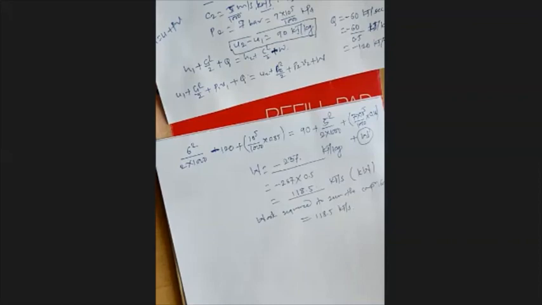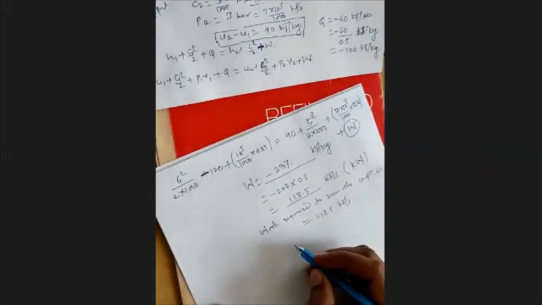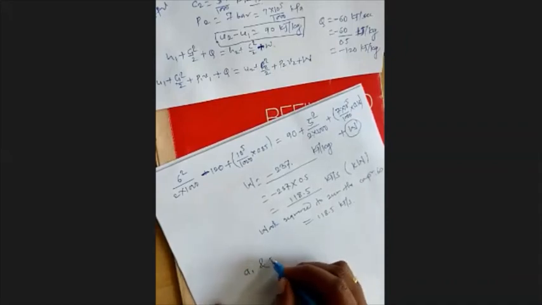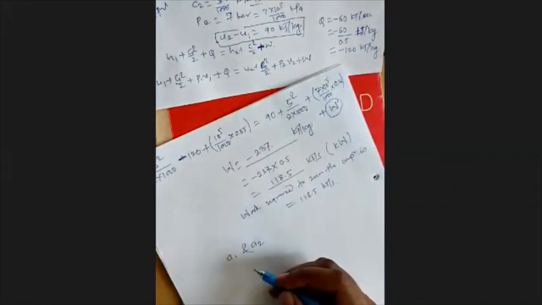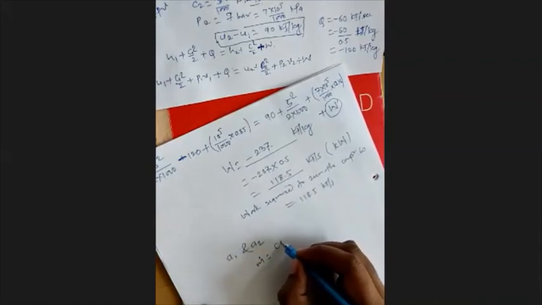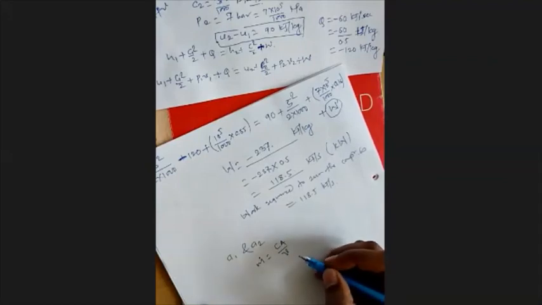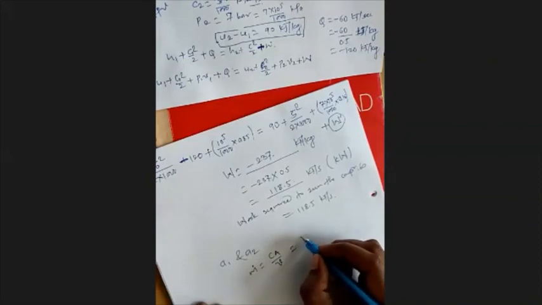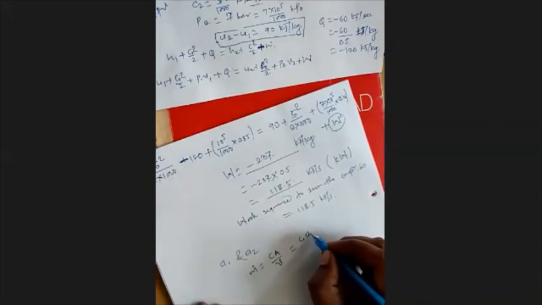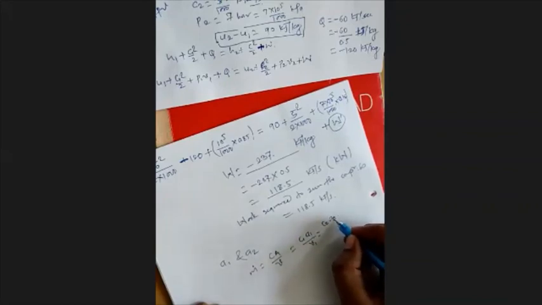Our meeting is going to end in 1 minute, and we need to find A1 and A2, that is area of inlet and area of outlet. And to find that one, what relation are we going to use? Mass flow rate. Mass flow rate is equal to CA by V. This is general relation. If I write this for A1 and A2, this is going to be equal to C1 A1 by V1 is equal to C2 A2 by V2.